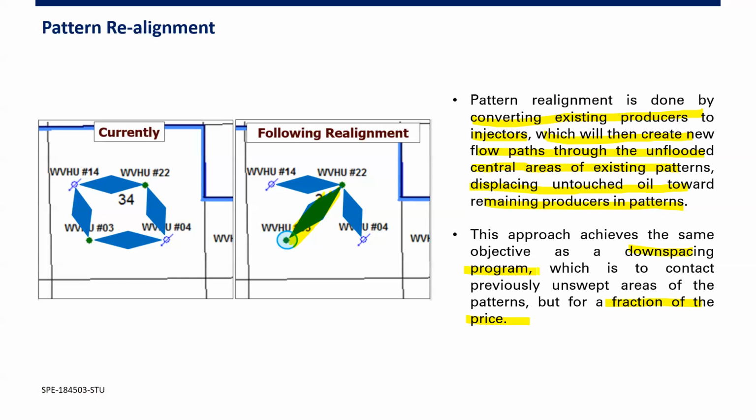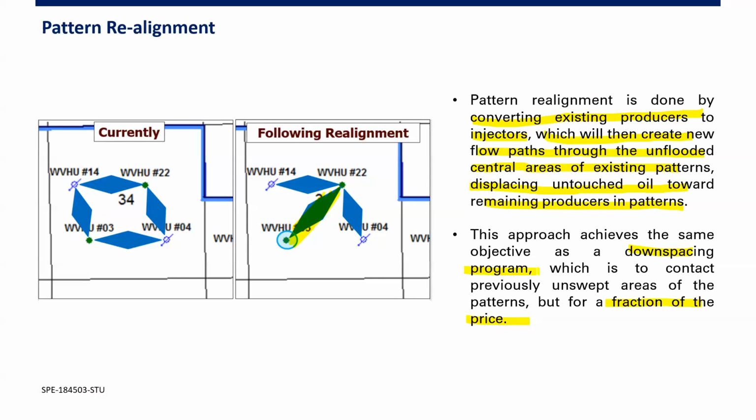Okay, in pattern realignment, you convert a producer into an injector. You expect to establish a new flow path that will displace the untouched oil towards remaining producers. In a downspacing program, okay, you add more wells. You conduct infill drilling for a new producer or a new injector, with the expectation that you can contact the previously unswept areas.